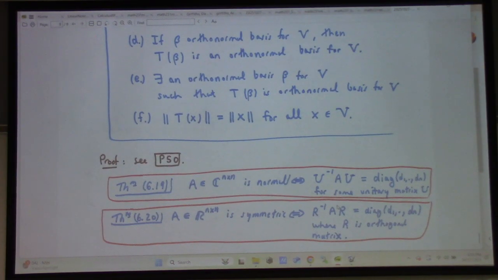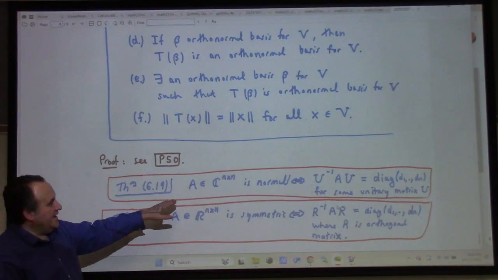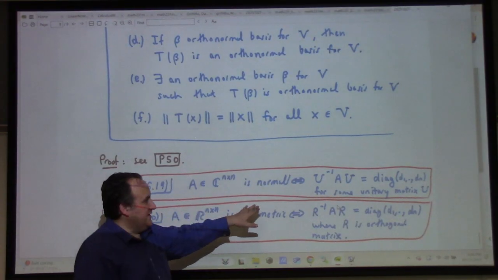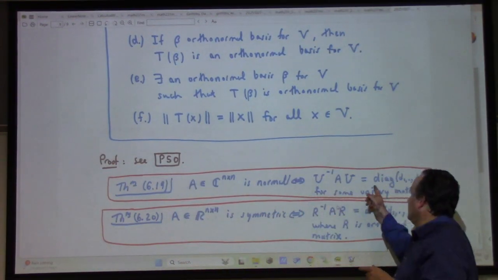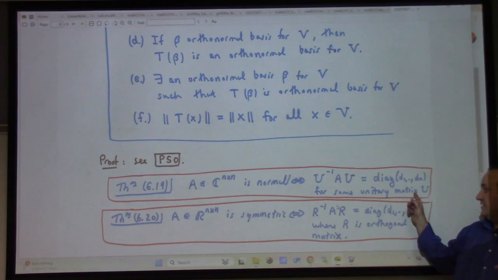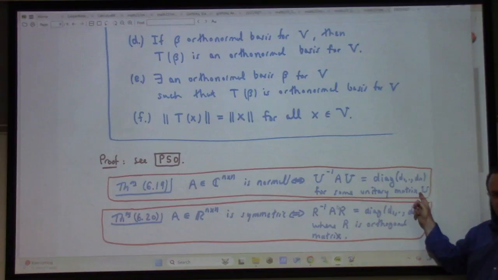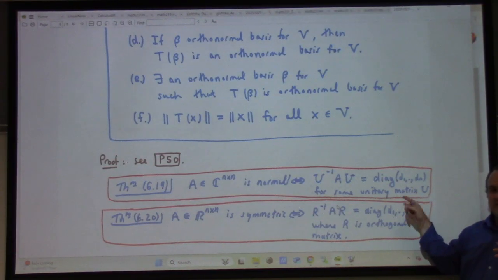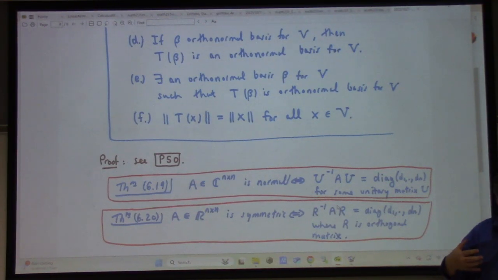And that brings us to the main event, but this time written for matrices, and a little bit more, kind of like what you were getting at, Jonathan, I think, earlier. A is normal if and only if it's similar to a diagonal matrix for some unitary matrix U. So not only is it diagonalizable, it's unitarily diagonalizable.